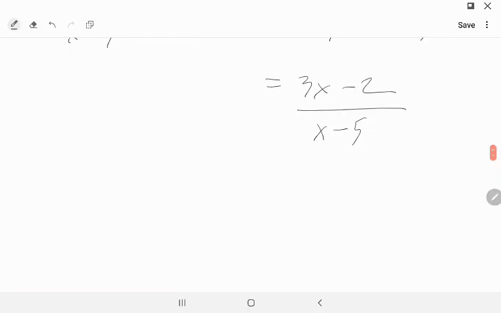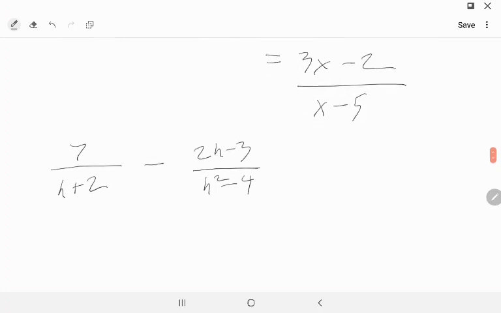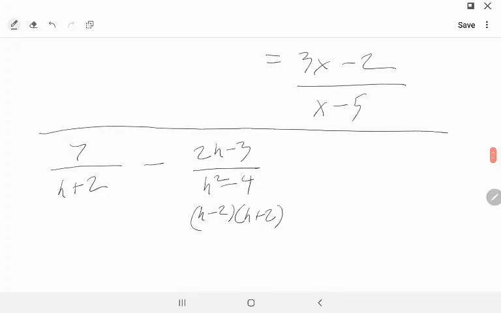Where life gets more interesting is when we have more complicated denominators. If we had, for instance, 7 divided by h plus 2, and then we subtract the quantity 2h minus 3 divided by h squared minus 4, we notice that h squared minus 4 factors as h minus 2, h plus 2, and so we're going to need to bring in a factor of h minus 2 in that first rational expression.